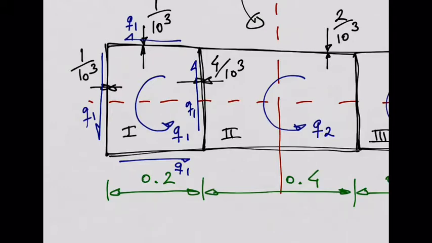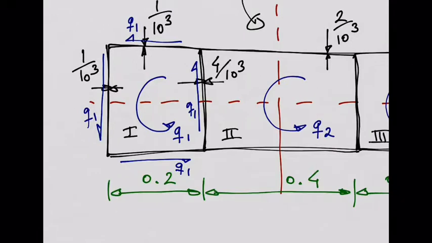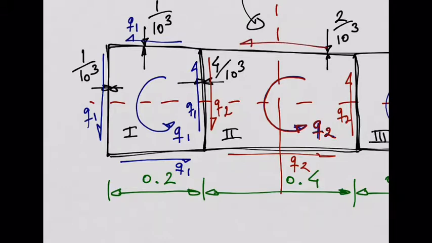Now, if you go to cell number 2, the one in the middle, you will have a shear flow Q2 in that cell, right? So maybe I can change the color of this Q2. Let me make it red. This shear flow Q2 will be in this direction. So you can see it's anti-clockwise in the cell, right? So it needs to go downwards in this wall, Q2. Then it goes this way in this direction, Q2. Then it goes up in this wall, Q2.